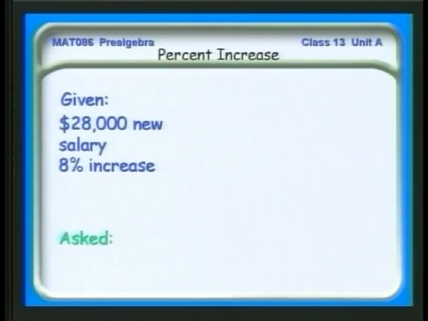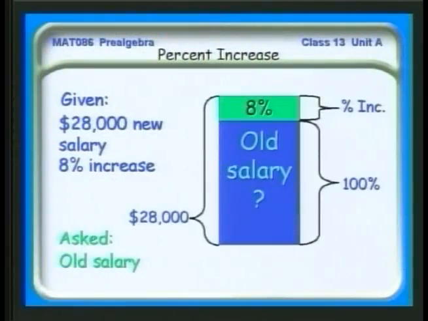Reviewing again, there is the information. She's making $28,000 a year after her raise. And what we would like to know, what we want to do, is work backwards to find out what the original value was. Here is a diagram. What we want to find is the old salary.